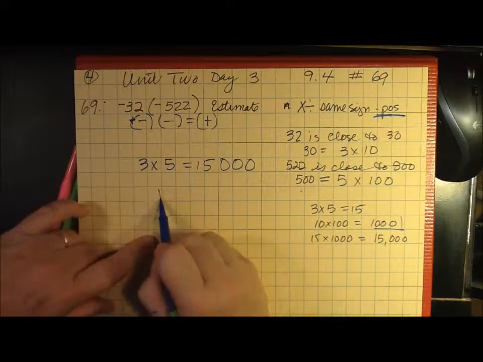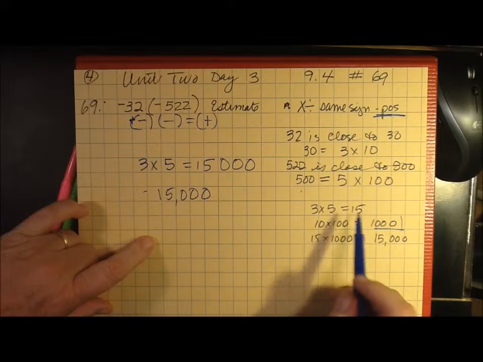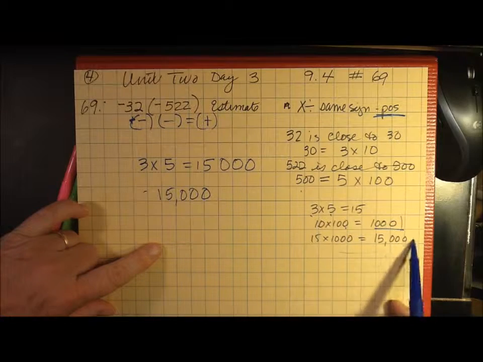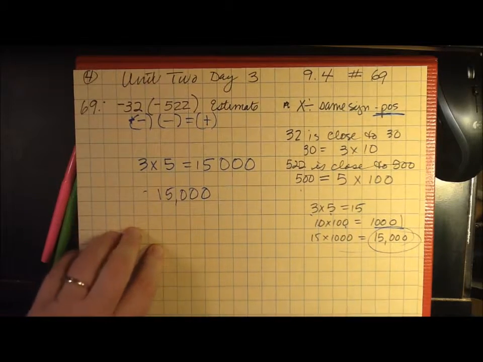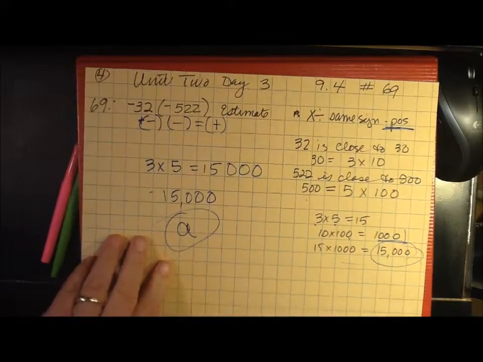So my answer is about 15,000. Again, I just took it apart. 3 times 5, 10 times 100, multiply them together, and you get 15,000, which is answer A.